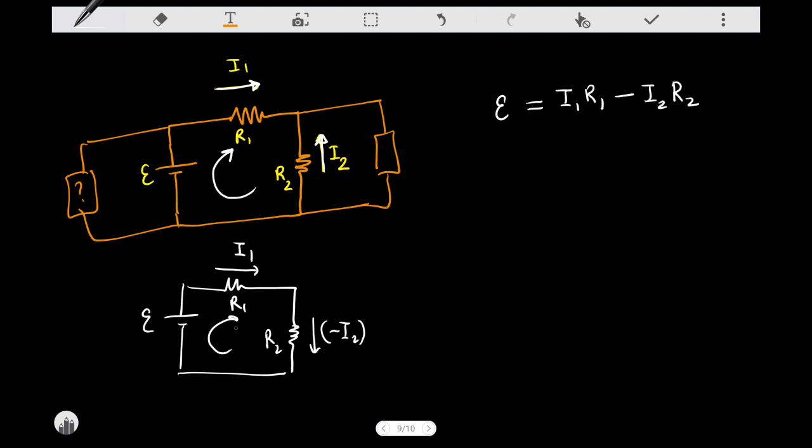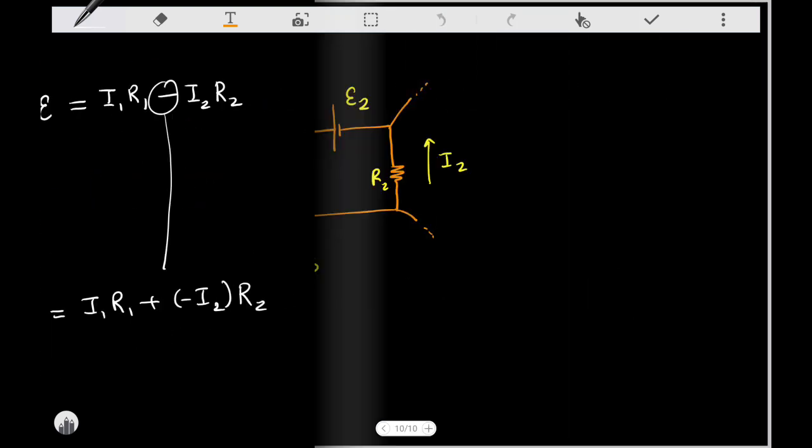So when I go around that loop, I see an EMF that's equal to I1 R1 plus minus I2 R2. All right, it's the same thing. The reason why we are writing minus in here is because if I express the current with an arrow in the opposite direction, then it would appear with a negative sign.